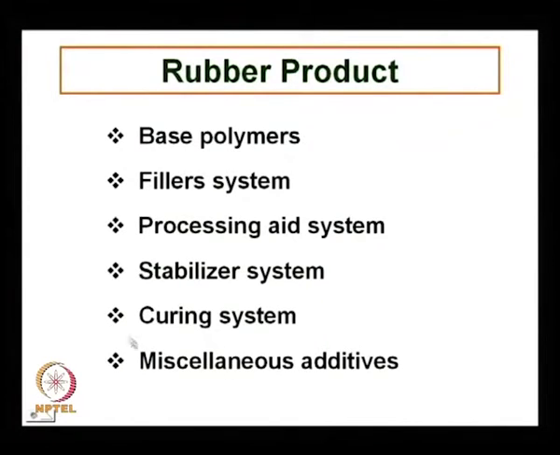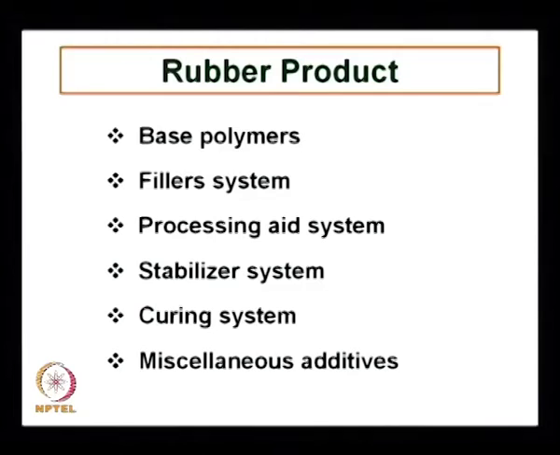And then there is the curing system. The majority of rubber products, except thermoplastic elastomers, are vulcanized or cross linked products. That means in the final form these are thermoset type, insoluble in solvents as well as infusible by heat. So, they are stable.